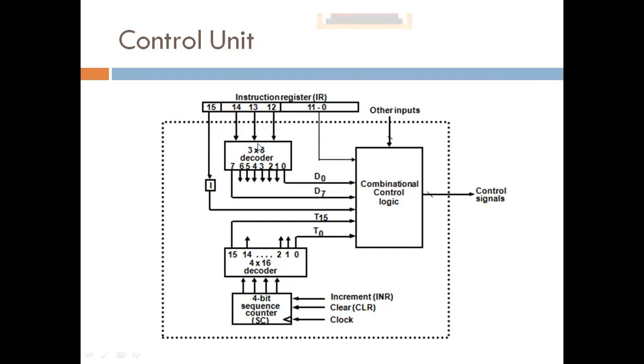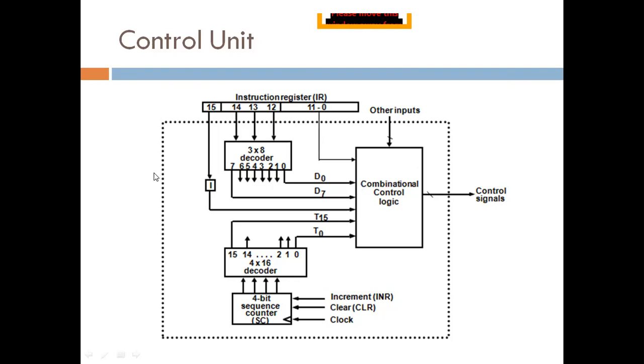Okay, and the 8 outputs of the decoder are generated. The first output is known as D0, the second one D1, D2, and so on, up to the last output, D7. All these outputs are connected to the combinational control logic circuit.